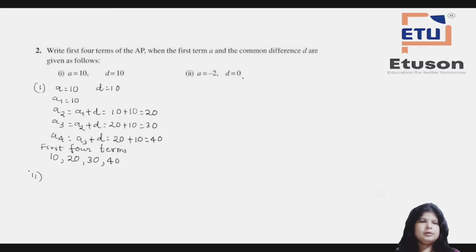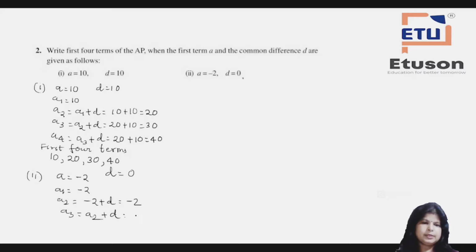Correct? Now bit 2. You have A is equal to minus 2, D is equal to 0. So what is A1? A1 is minus 2, A2 is minus 2 plus D, which is minus 2. What is A3? A2 plus D, that is again minus 2 plus 0, that is minus 2. What is A4?